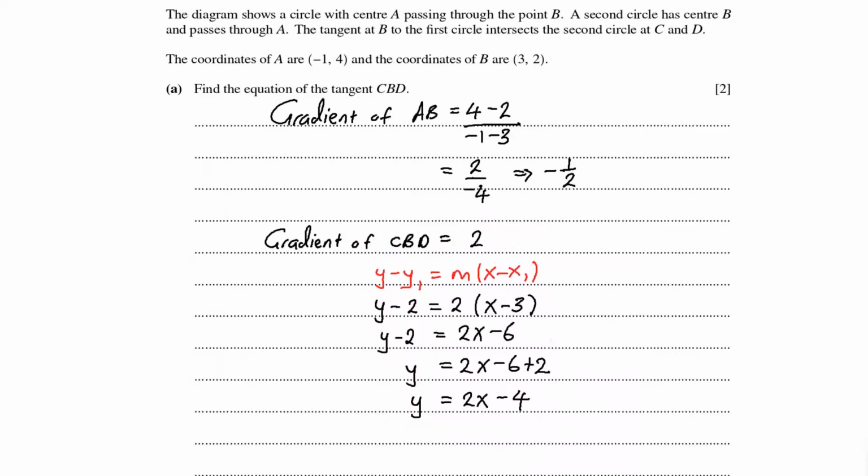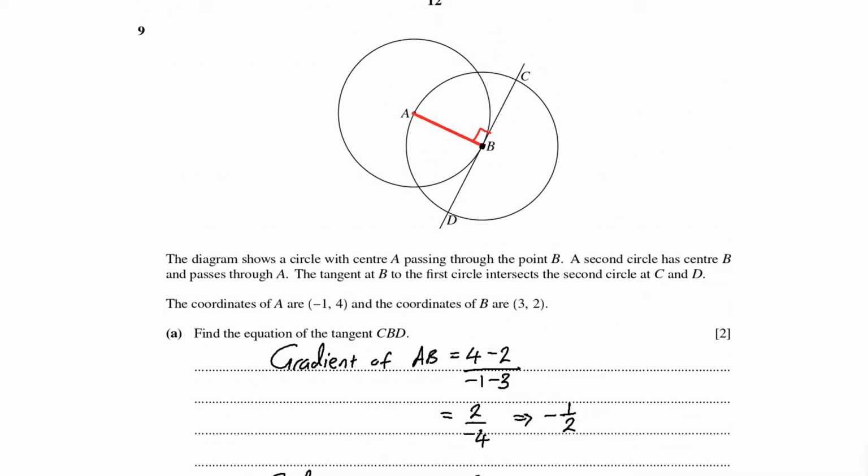Let's go down to part B. Find an equation of the circle with center B. So let's go back to the diagram. Now we want to find the equation of this circle.